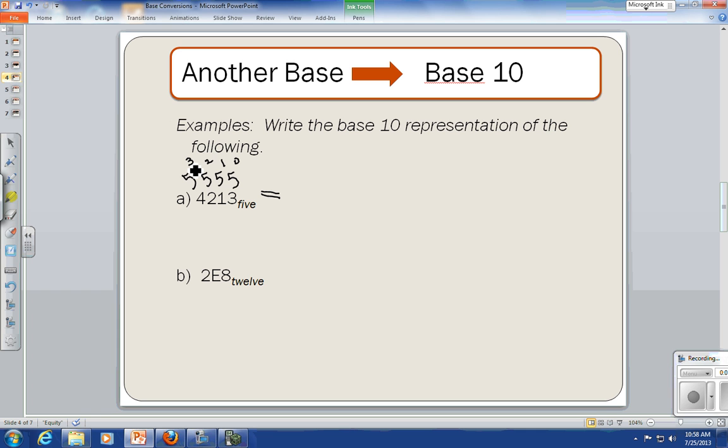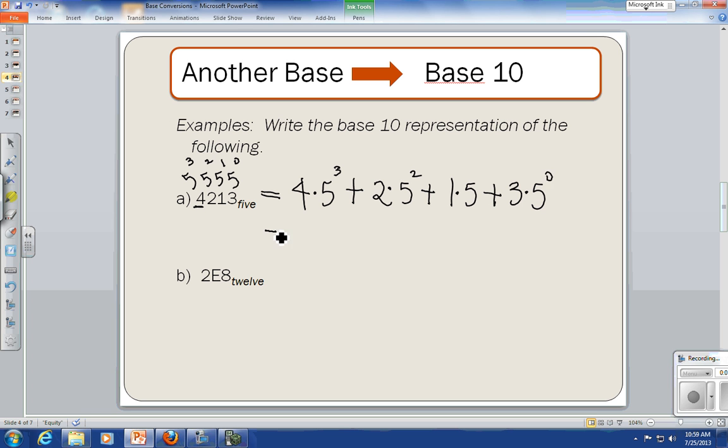So expanding this out just like you did at the very beginning of chapter 3, you would have 4 times 5 cubed plus, okay, so be sure that you notice you're multiplying the digit by its positional value, and then you're adding on the next multiplication. So 2 times 5 squared plus 1 times 5 to the first plus 3 times 5 to the 0.